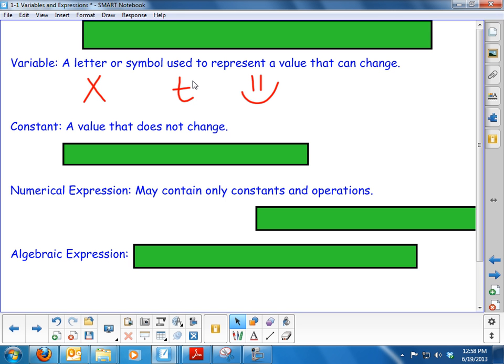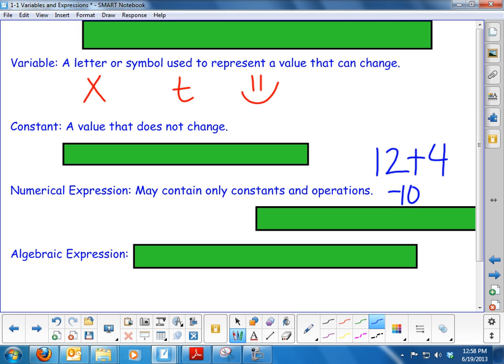Operations are addition, subtraction, multiplication, and division. Okay, so you can have numbers and you can have operations. An example for you, 12 plus 4, that's a numerical expression. -10 times 10, numerical expression. It has numbers and it involves adding, subtracting, multiplying, and dividing.